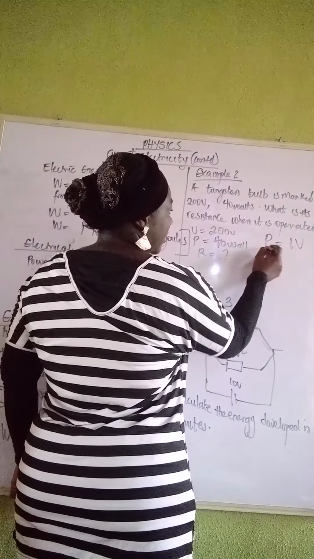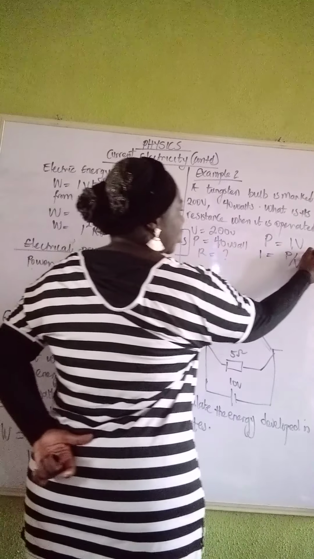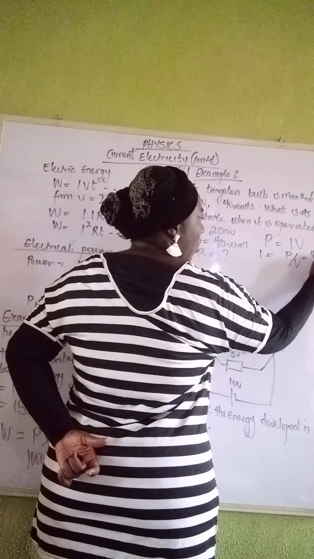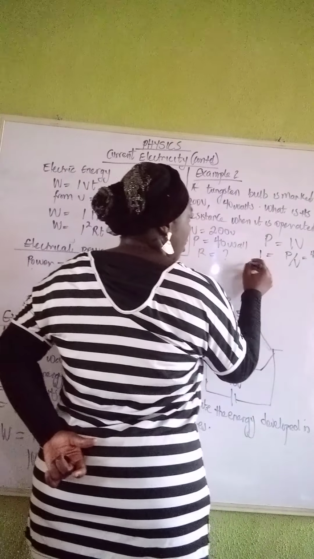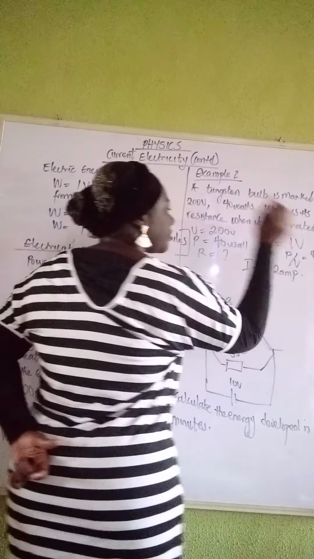Let's make I the subject of the formula. I equals P over V. What is our power? 40 watts. What is our volt? 200. So we have 1 over 5, so I equals 0.2 amperes.